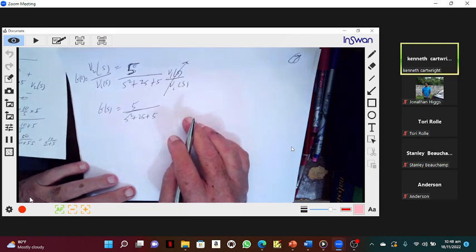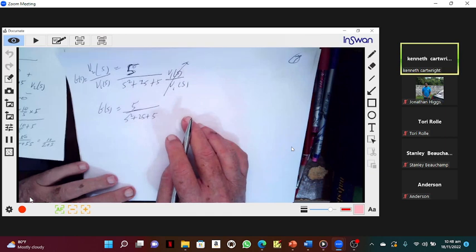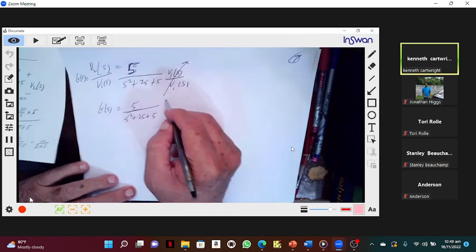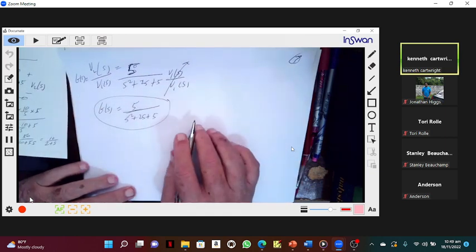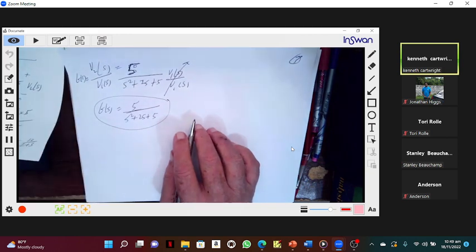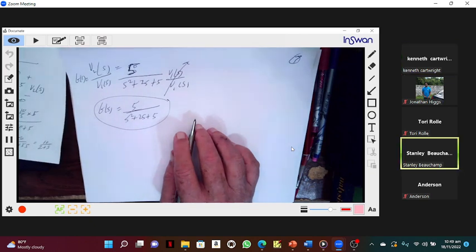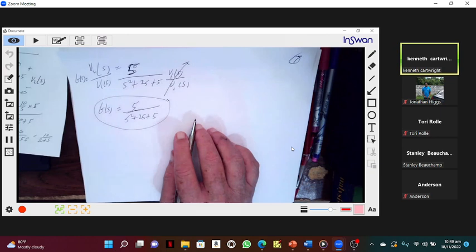What order is it? That's third order, low pass filter. Young man, where you get third from? Not third.